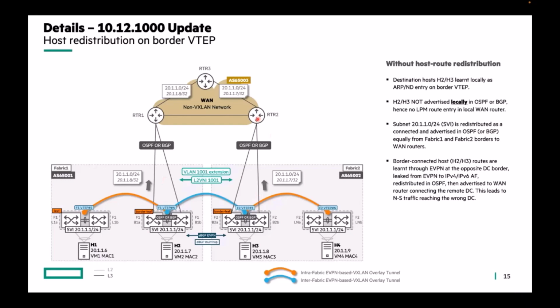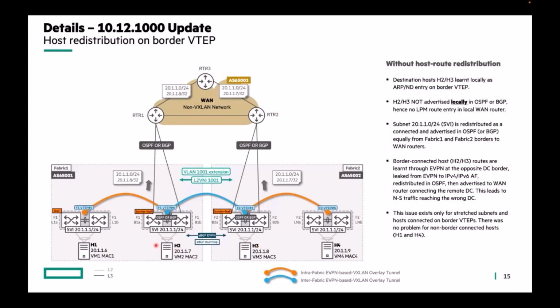This leads to north-south traffic reaching the wrong DC, which is what we saw in the overview section, right? So this is what is happening today. This issue exists only for stretched subnets, mind it, as I said, and for hosts connected on border VTEPs, which is H2 and H3.